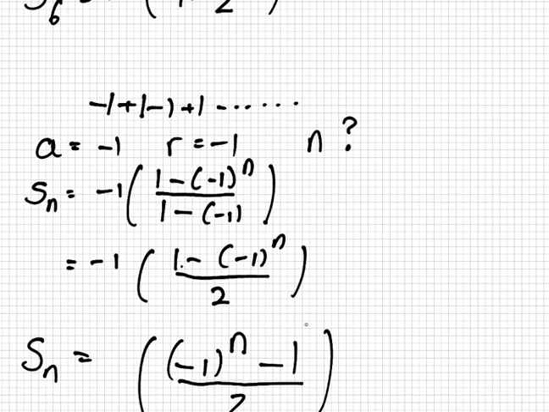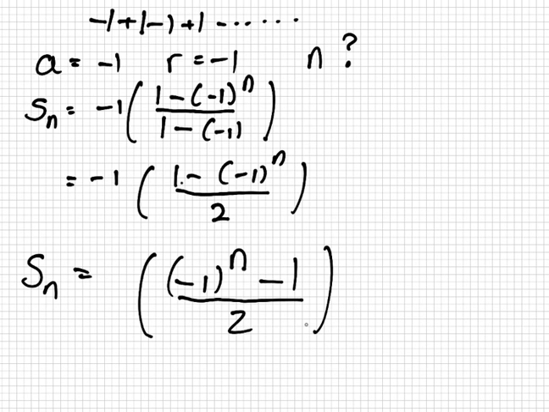But this is the start of the question. So, you notice that this one's kind of interesting. If I put n equals 1, what should the answer be? It should be minus 1. If I put n equals 2, what should the answer be? If you look at the very top, if I add the first two numbers together, what do I get? 0.